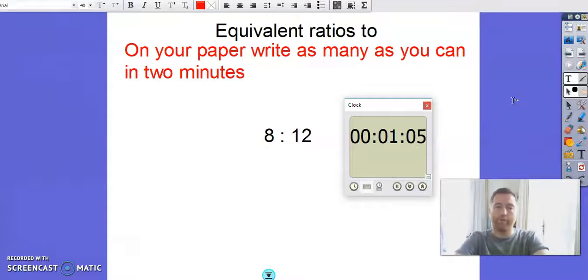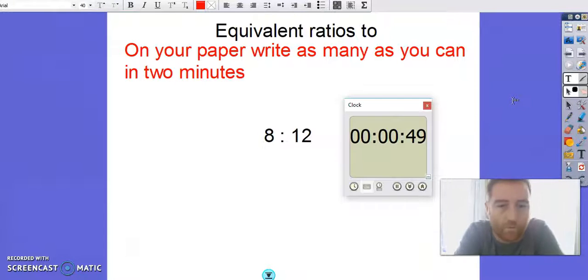Alright, if you haven't thought of any yet, try dividing both sides by 2. What do you get? 45 seconds left to come up with as many ratios as you can.